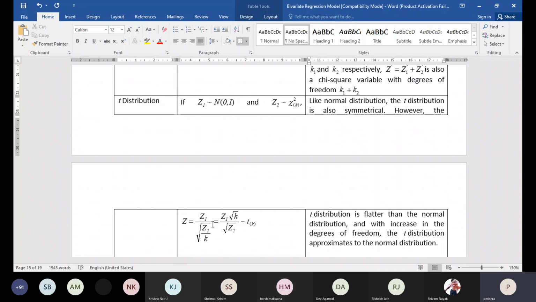And with increase in degrees of freedom, the T distribution will approximate the normal distribution.